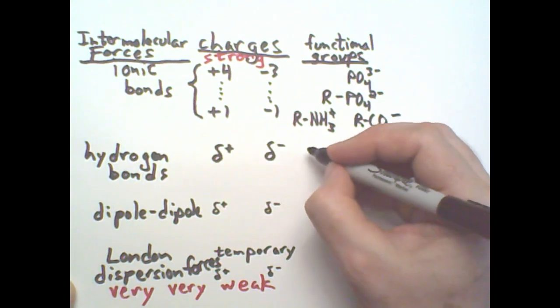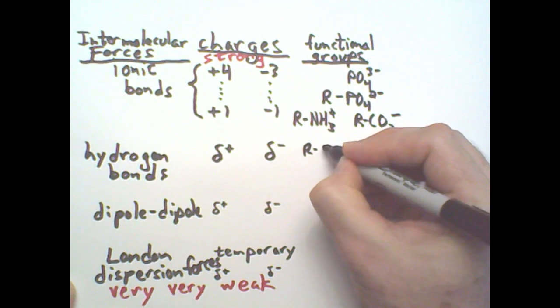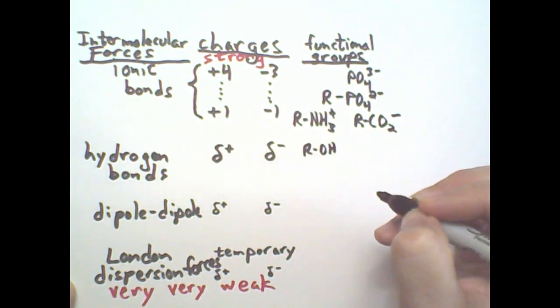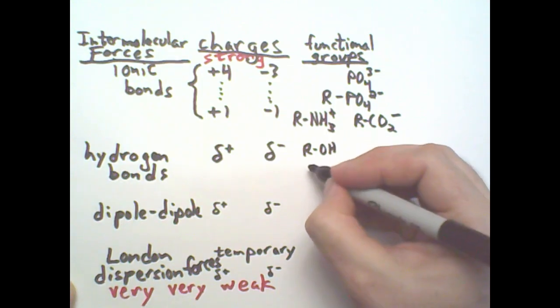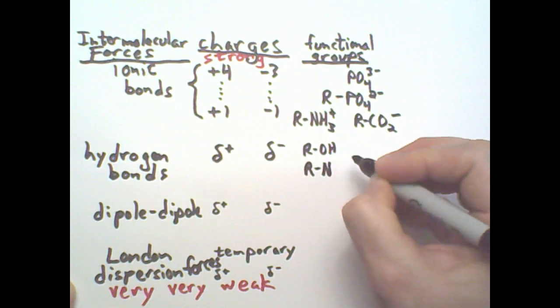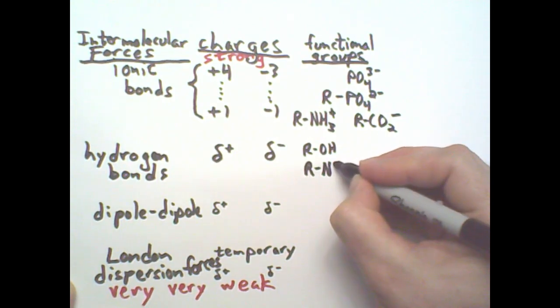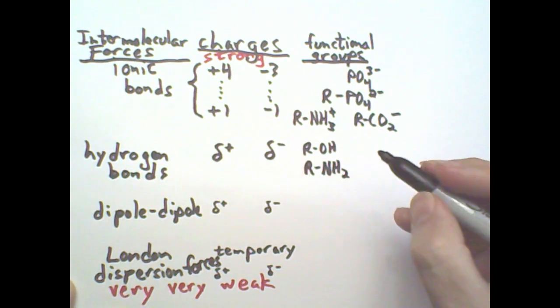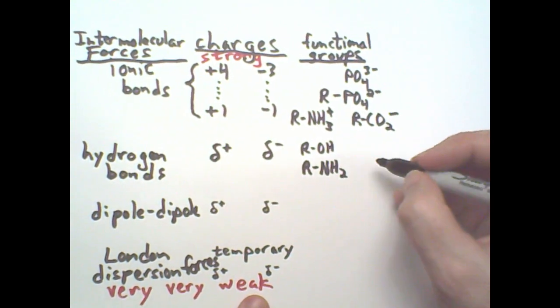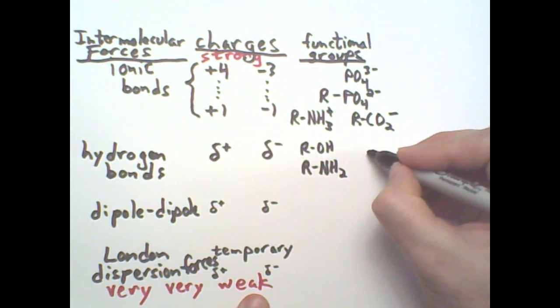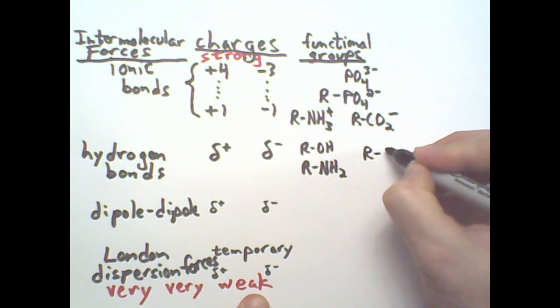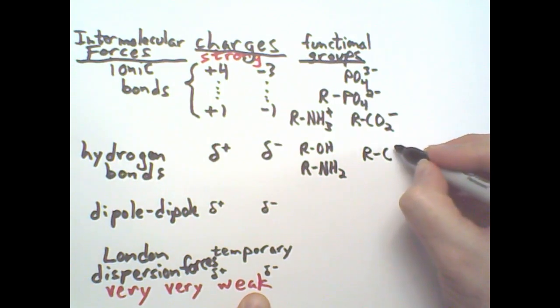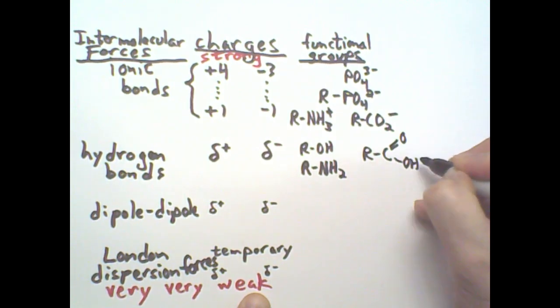Our groups that we've seen are alcohol groups, amines, as long as they are primary or secondary. But we've also got carboxylic acids, with their double bond to O and their OH.